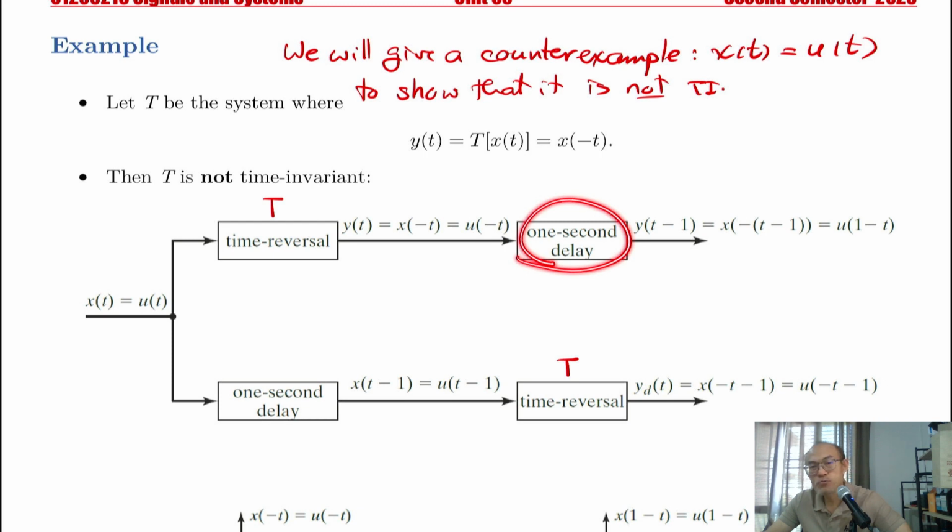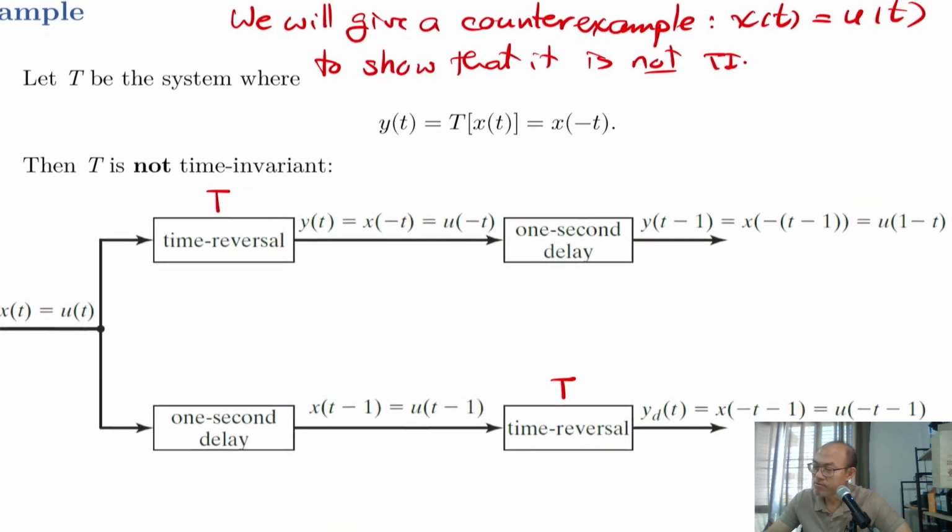We learned from chapter 1 that to delay a signal, we have to plug in t minus 1 for t. Because this here is u of minus t, we plug in t minus 1 instead of t, and we get u of 1 minus t.